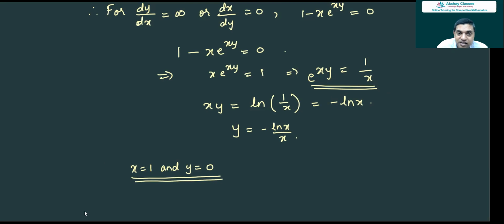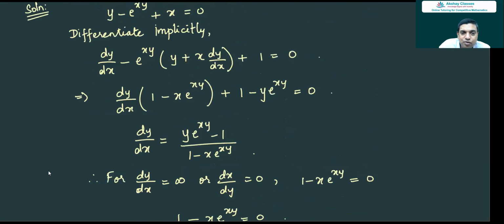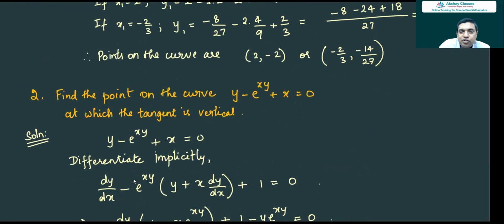At this point, now let us see whether x equal to 1 and y equal to 0 lies on the curve. If we substitute 1 comma 0, so y is 0, e power xy, e power 0 plus 1. So e power 0 is minus 1. So this is satisfying. So 1 comma 0 is a point on the curve.